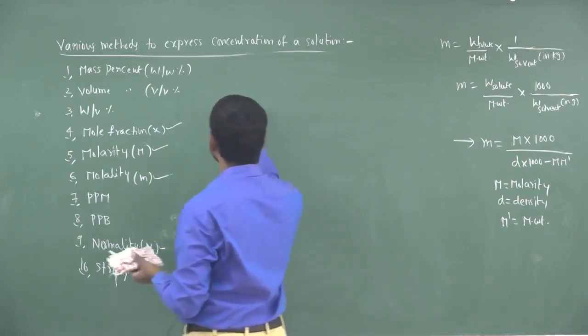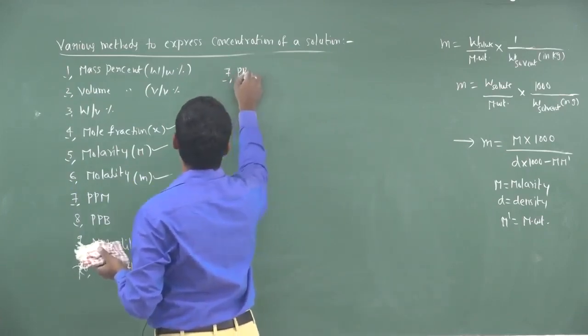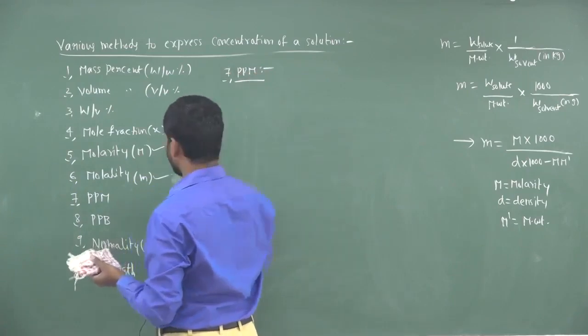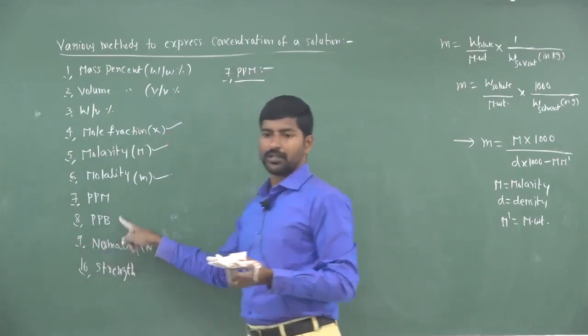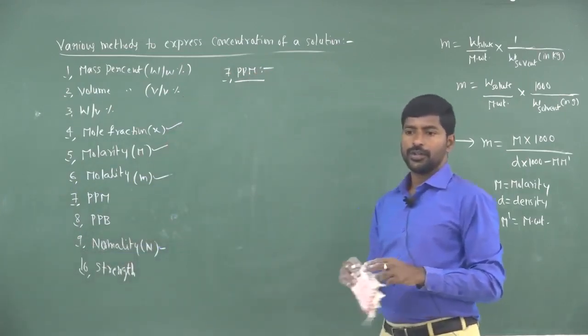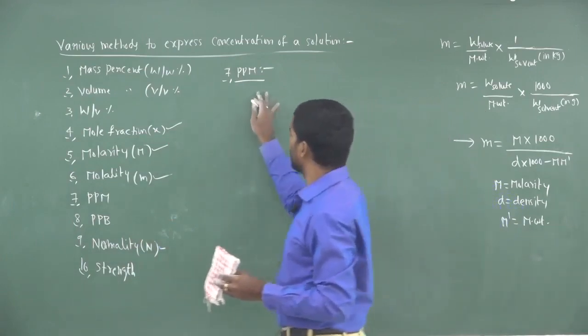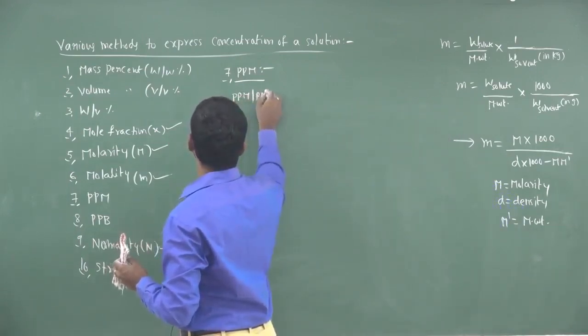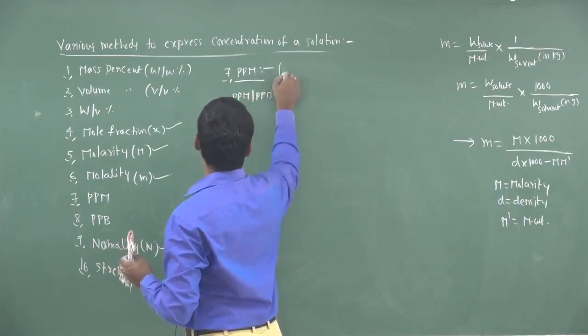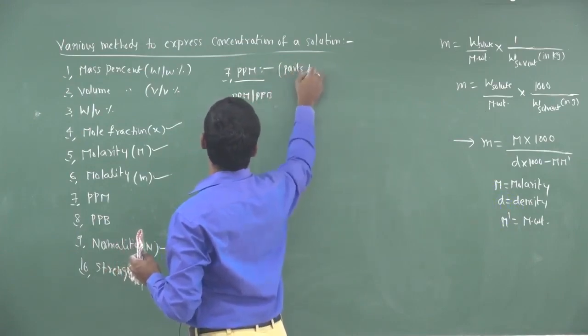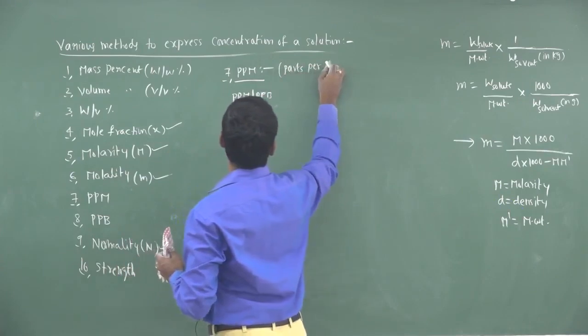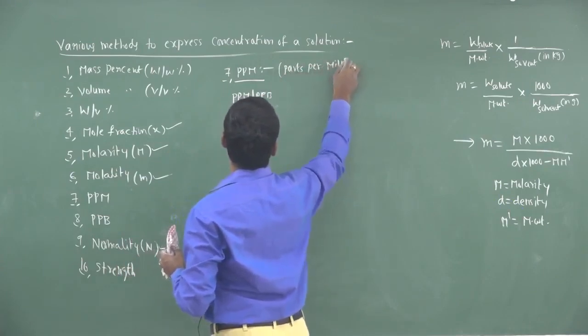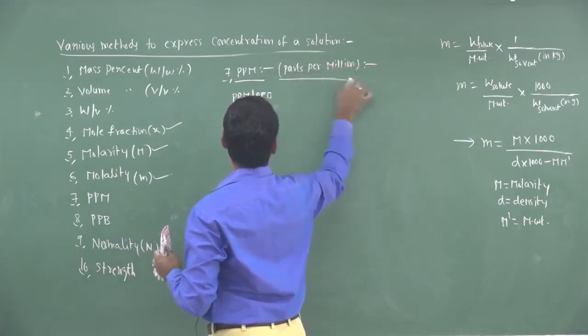Next one, the seventh one, ppm. This ppm or ppb scale is generally followed. ppm means parts per million, and ppb means parts per billion.